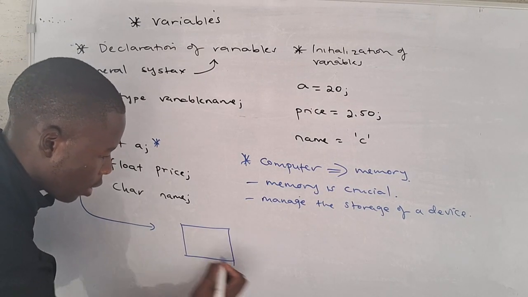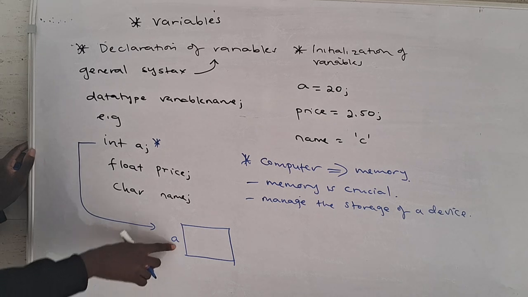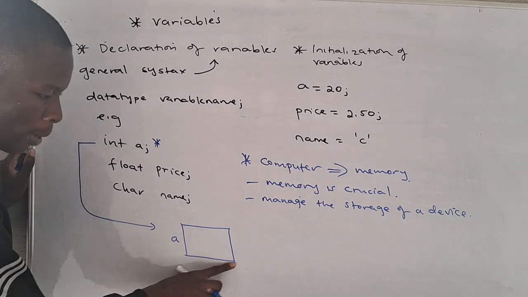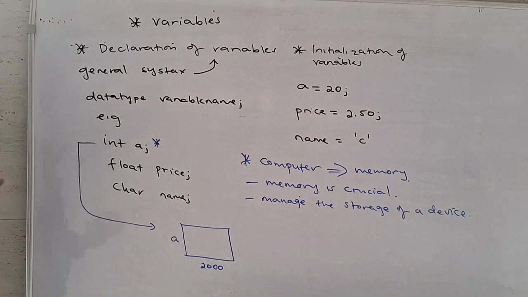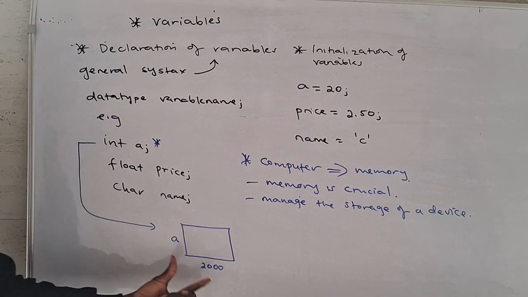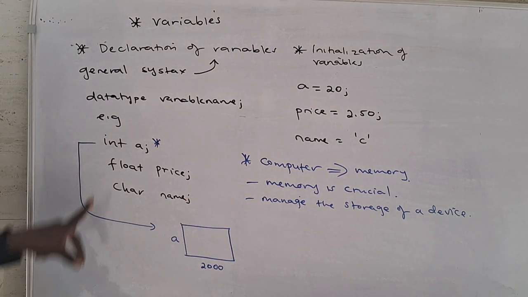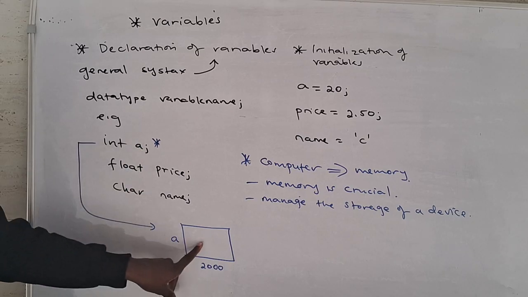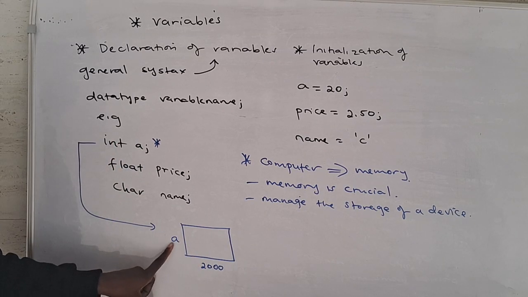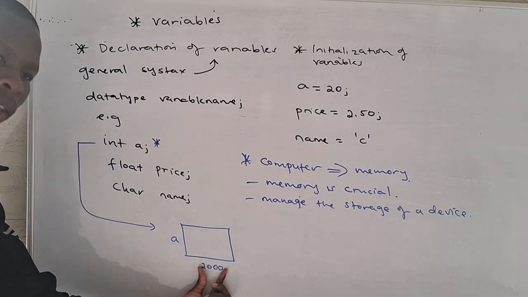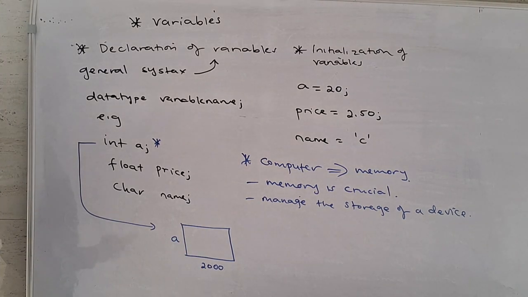Some space is allocated for variable A. Suppose the memory address of this variable is 2000. This will happen in the computer itself. If you write int A, the compiler will think like this: some space will be allocated for variable A, and this is called the memory address of variable A.